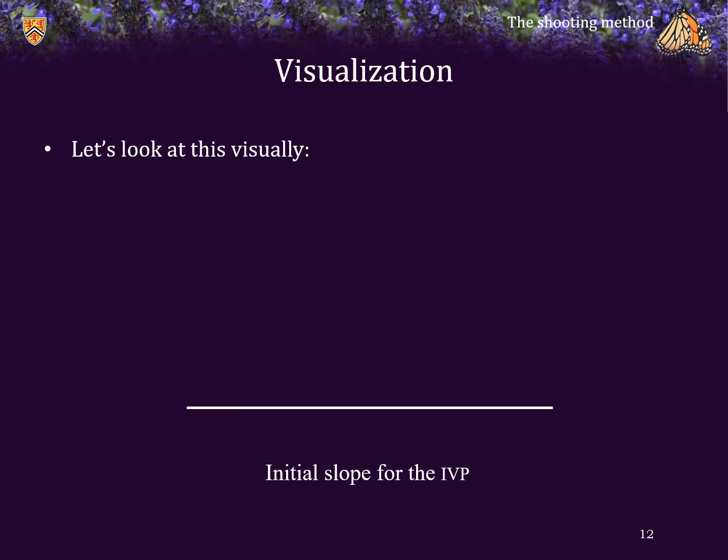Now let's look at this visually. We calculated some initial slope. All right, so then we find the solution to the initial value problem with that initial slope, and we evaluate that solution at b, and we compare it with the target u sub b, or the right-hand condition of the boundary value problem.